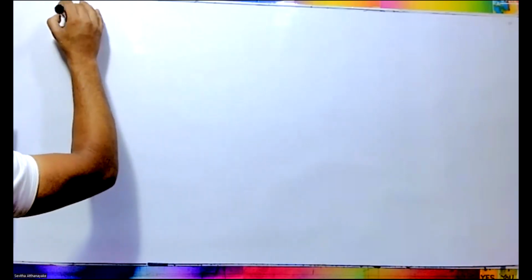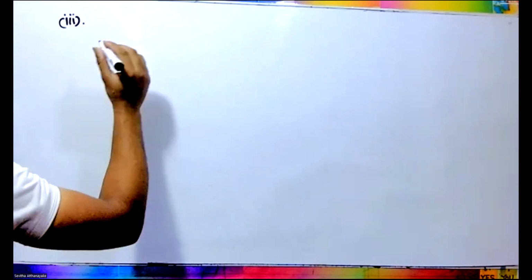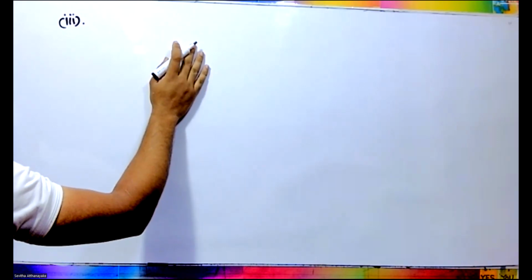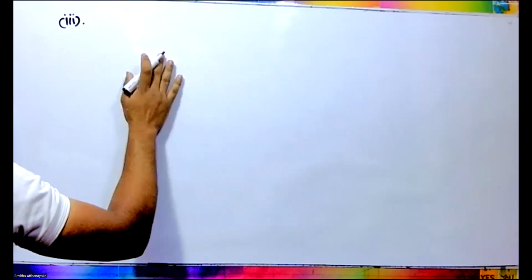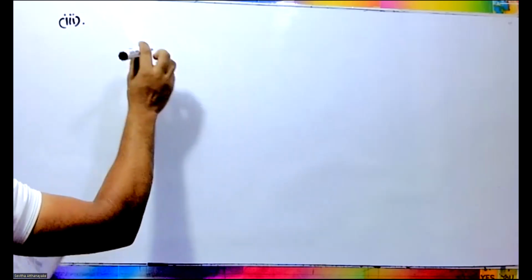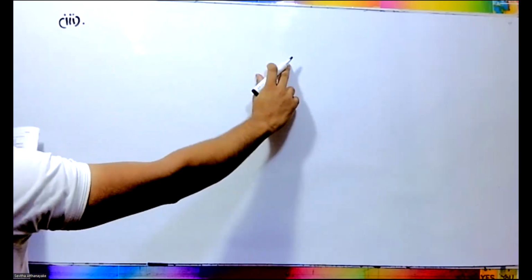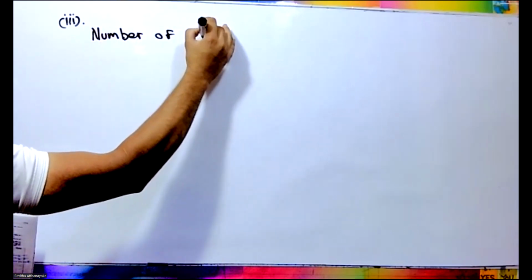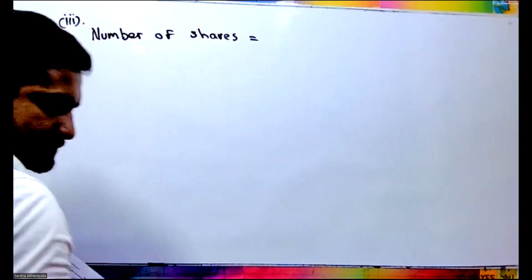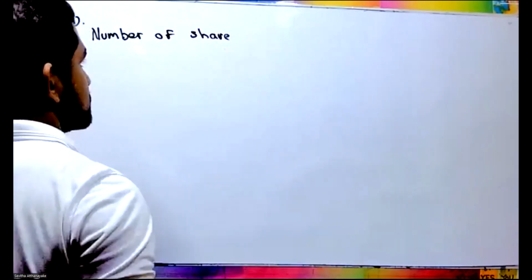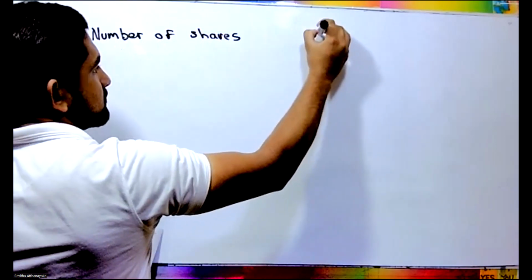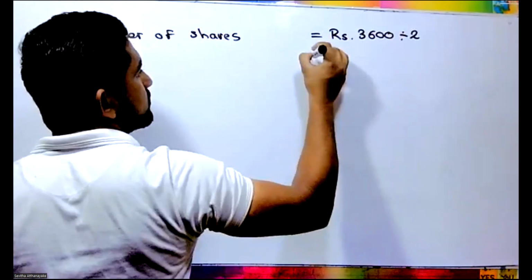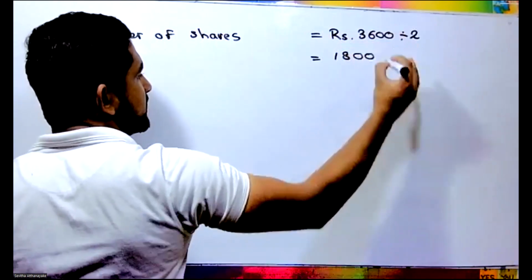Third part. After 2 years, adding the amount initially, the market price of a share is 50 rupees. The company pays a dividend of 2 rupees per share annually. He received a dividend income of 3,600. Then 2 rupees per share, he received 3,600. Then number of shares, 3,600 divided by 2, it is 1,800.